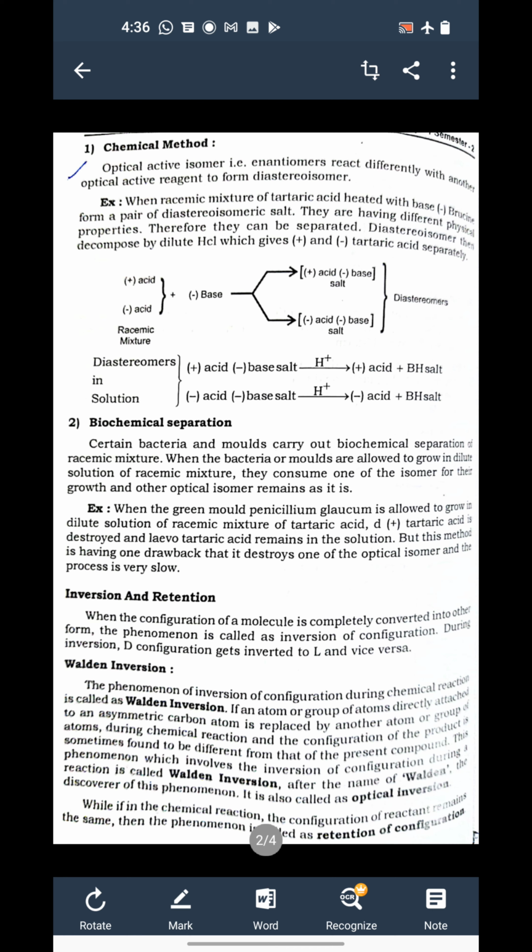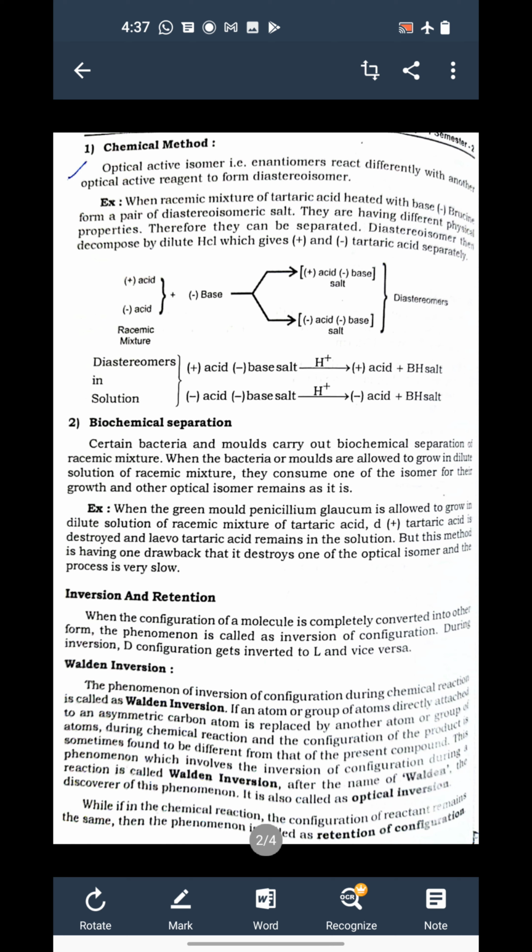In the case of diastereomers, we know that diastereomers are optically active isomers, but they are not mirror images of each other, and therefore their structures are different, and their physical properties and chemical properties are also totally different. So these are the enantiomers and diastereomers.